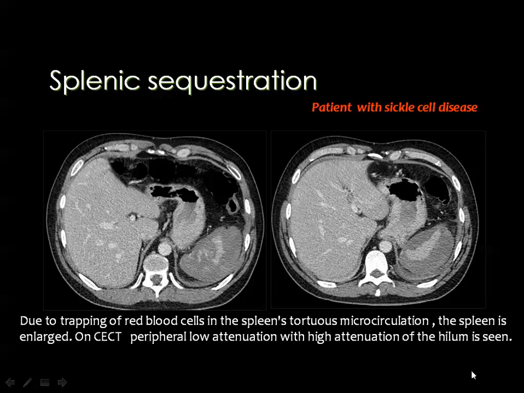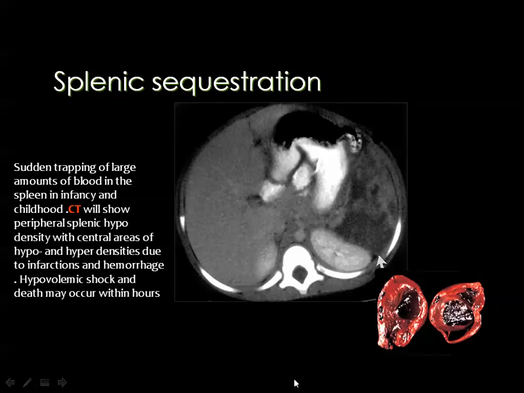In this condition, you can see that the spleen is large and the splenic parenchyma is mottled. Some areas are hyperdense, representing the trapped blood within the spleen, and the rest of the spleen is hypodense, reflecting the ischemia of the splenic tissue itself.